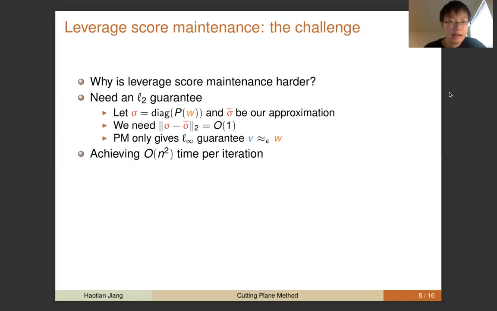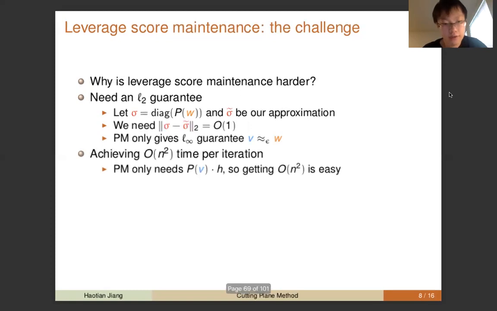Second difficulty is that we need to really achieve the very tight n squared time per iteration. In the case of projection maintenance, one only needs to answer queries like PV.H. This is a matrix vector multiplication and can be done easily in n squared time. So the difficulty there is how you get little o of n squared time.